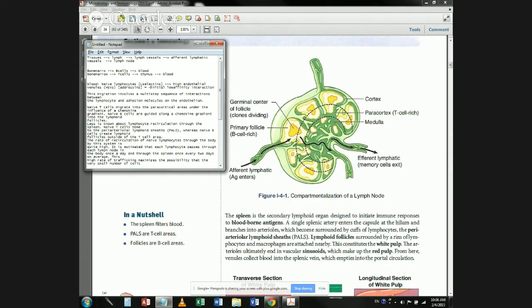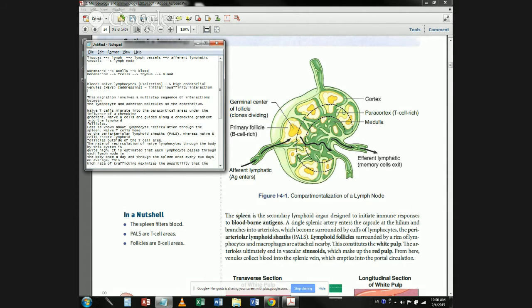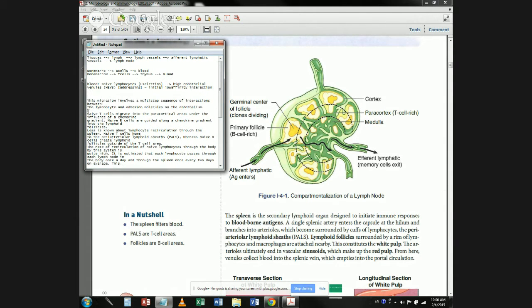So they've ended up binding to each other, and now naive T cells migrate into the paracortical areas under the influence of a chemokine gradient. So now this initial binding will end up getting them inside the paracortical areas.